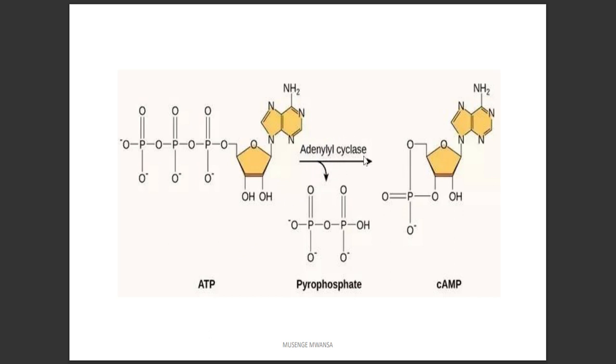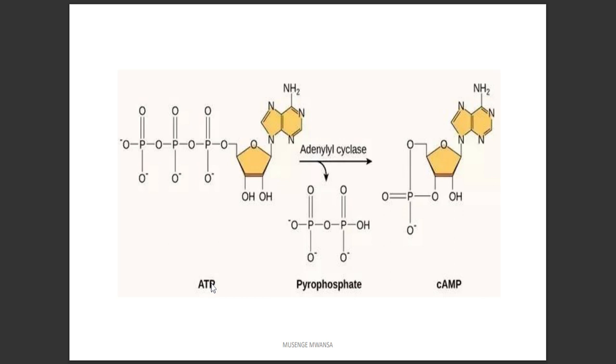Adenyl cyclase converts ATP, which is adenosine triphosphate, to cyclic adenosine monophosphate and also two phosphate groups.